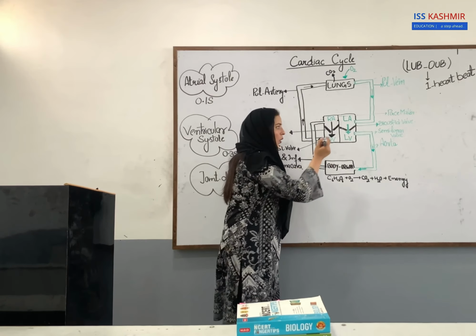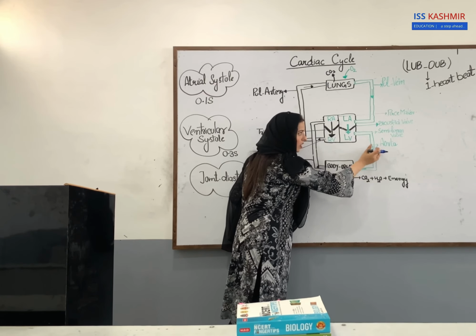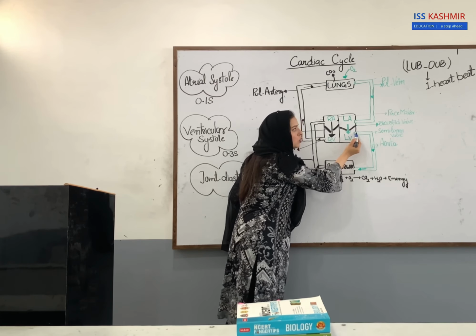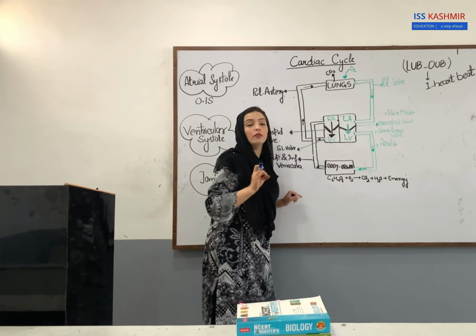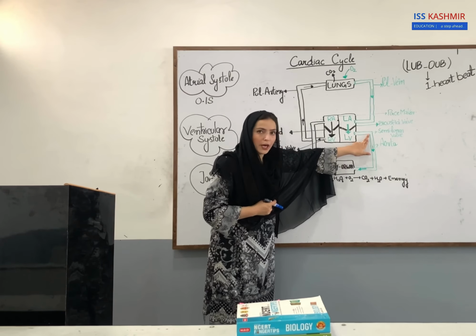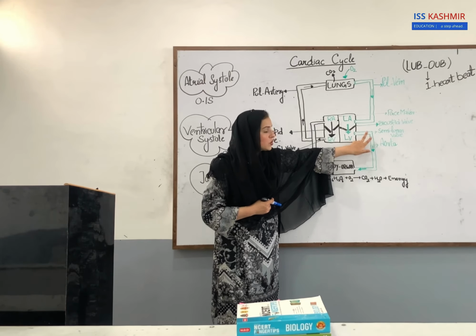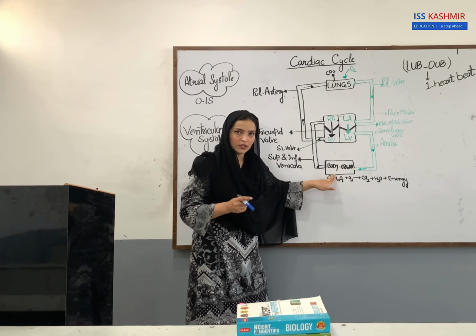Also, the aorta or the systemic aorta, at its opening, has another valve. This valve is called the semilunar valve. Now this oxygenated blood from the systemic aorta is carried straight to the body organs.